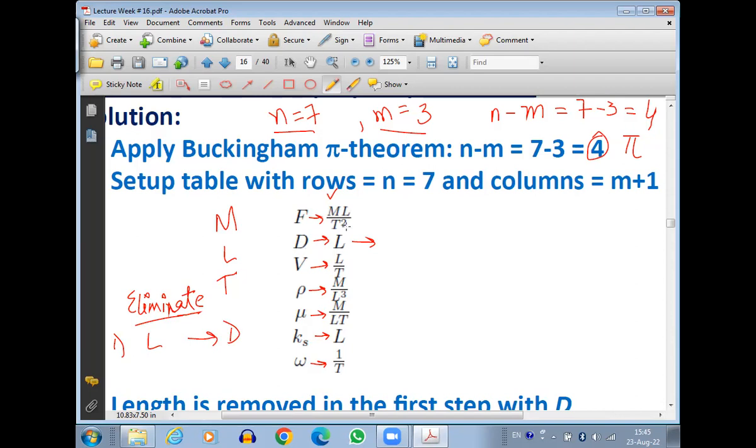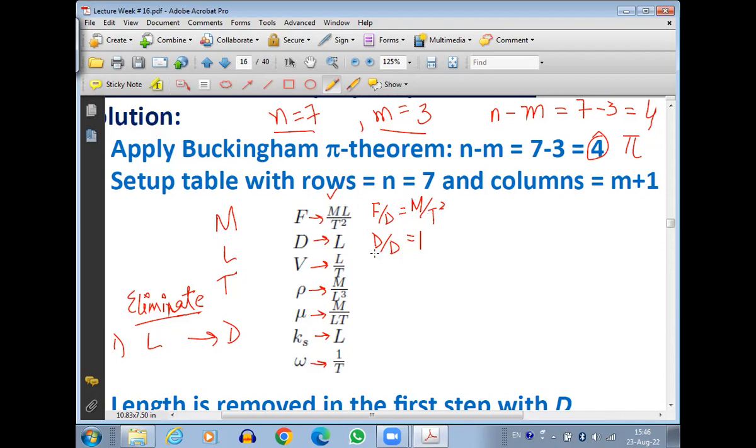So length is eliminated. Now, ML by T squared: if I want to eliminate L, I need to divide by L. So I'm going to divide F by D. If I say F by D, it will become M over T squared, length eliminated.